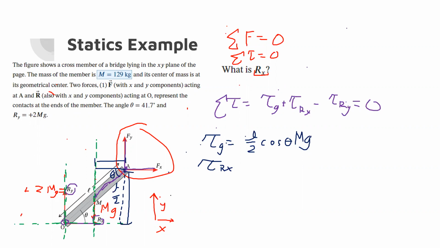That whole length is going to be the sine of that angle times the full length, so it's going to be L sine of our angle multiplied by R sub x, which we don't know. That's what we're looking for, right? And the torque due to R sub y is going to be, since they're an x and y component, instead of sine, cosine in this case.